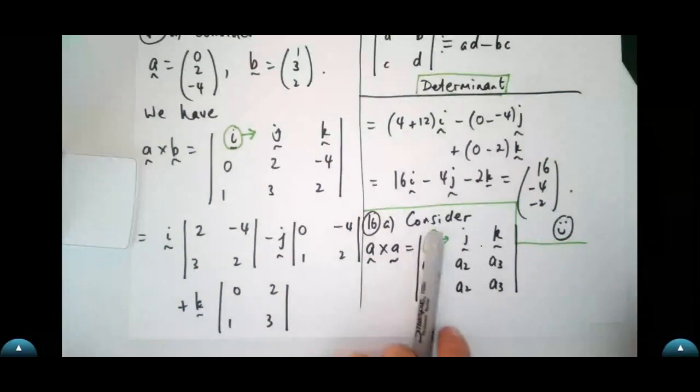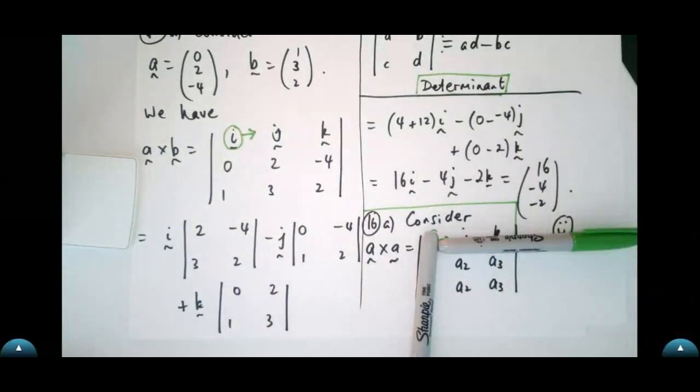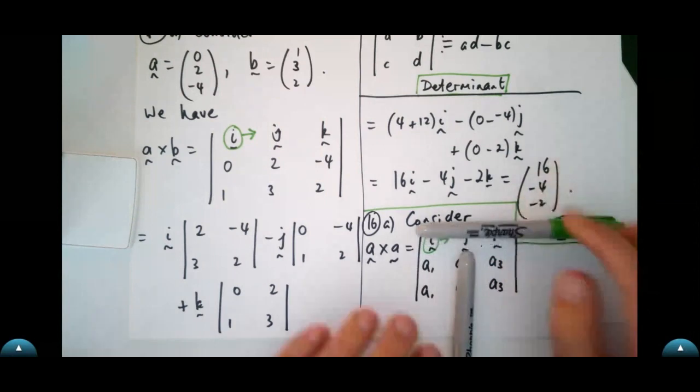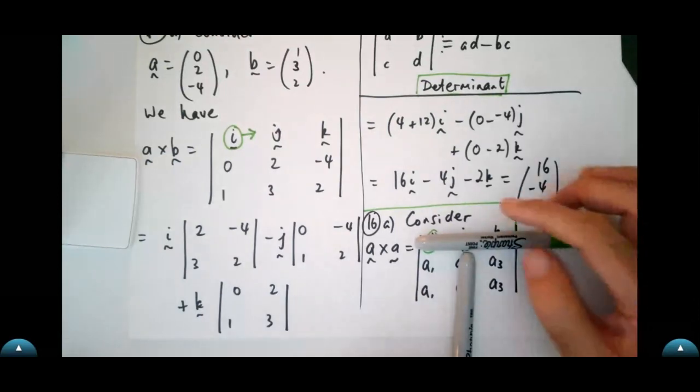I is in the first row and the first column, the top row. And then we multiply I by the determinant of what's left. So that times that minus that times that. You're going to get 0. What about J? That times that minus that times that. 0 again.